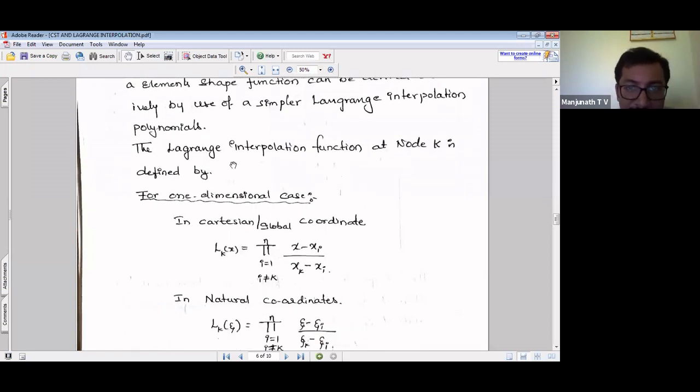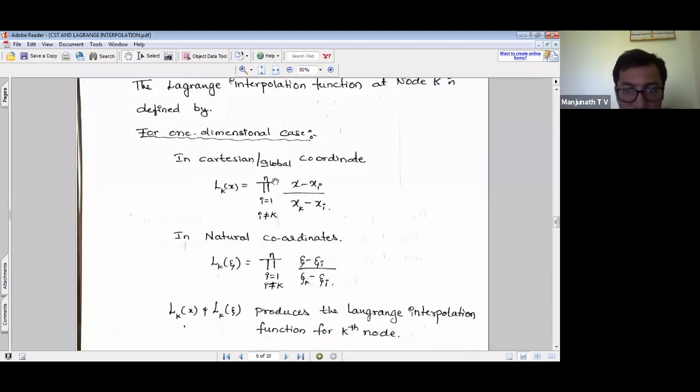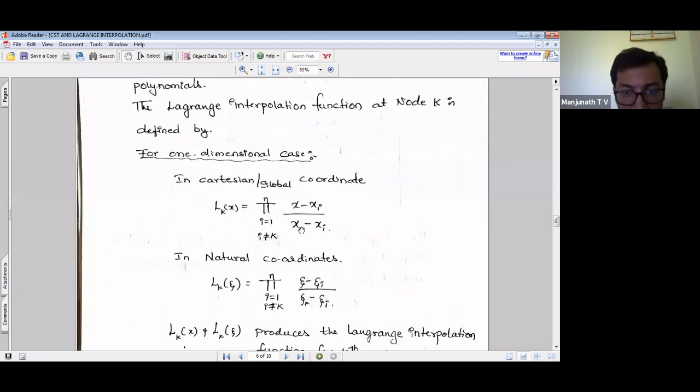The Lagrange's interpolation function at node k is defined by, for the one-dimensional case, the following. If you want to find the shape function at the kth node, then we are going to use this equation for the one-dimensional case. Here i is the node number, with i equal to 1 for the one-dimensional case, and i not equal to k.